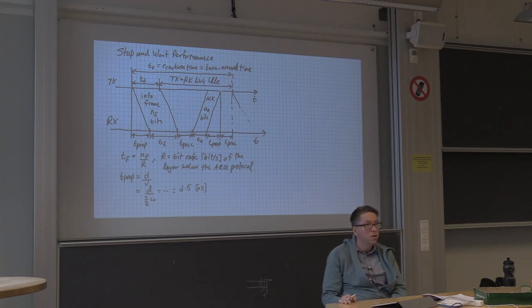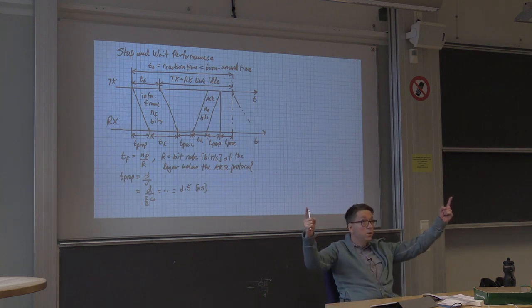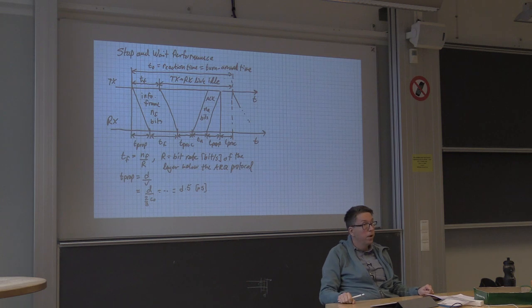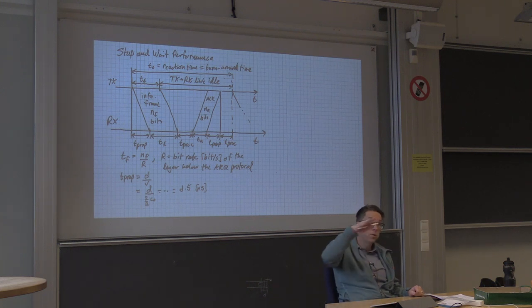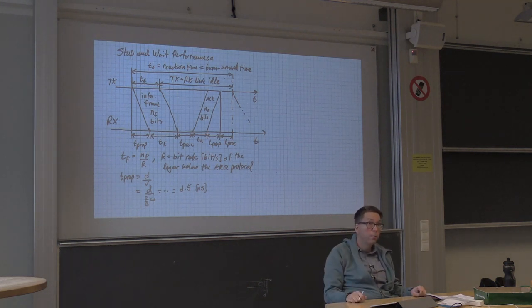So if we have the distance in meters, each meter costs us 5 nanoseconds. Okay. So if we have a kilometer, we have 5,000 nanoseconds, 5 microseconds, to transmit it. So this is some time, and if it's a very long distance, this could be significant. If you transmit over a satellite link, it's quite a long distance, so that takes time.